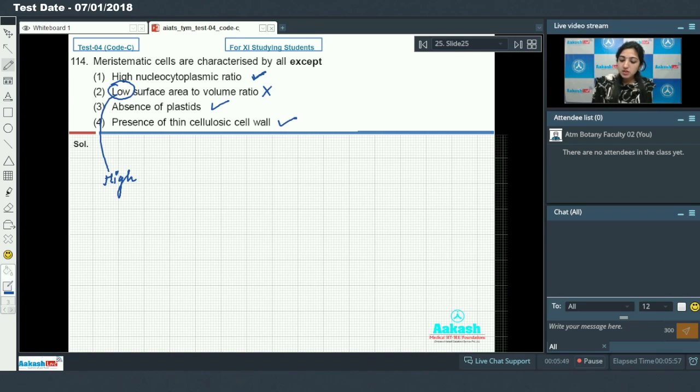This is true. So out of these four, all the statements are true for meristematic cells except statement number 2, that is, it shows low surface area to volume ratio, which is not correct for meristematic cells. Meristematic cells show high surface area to volume ratio. So answer to this question is option number 2. Moving on to the next question, that is question number 115.